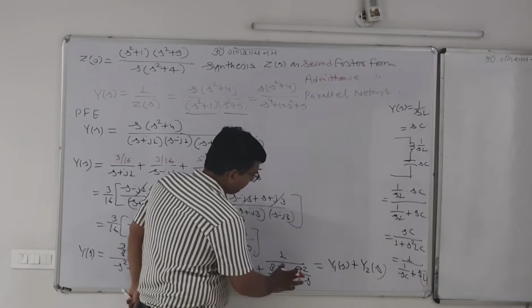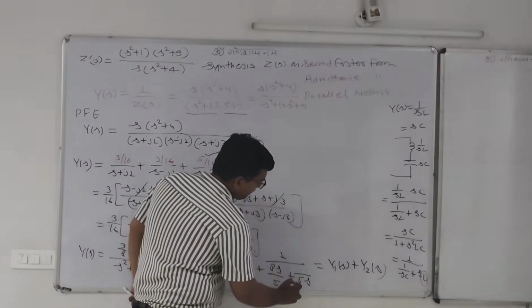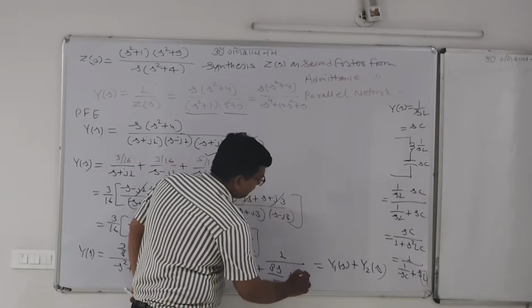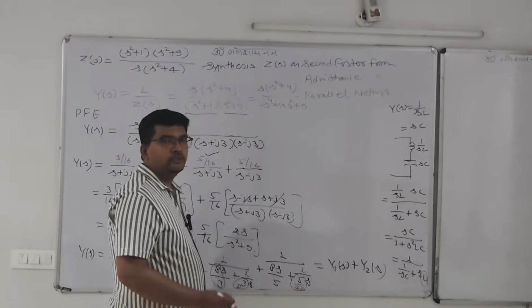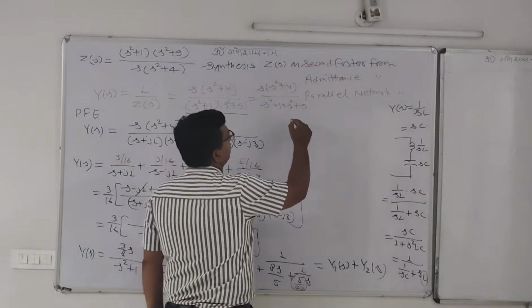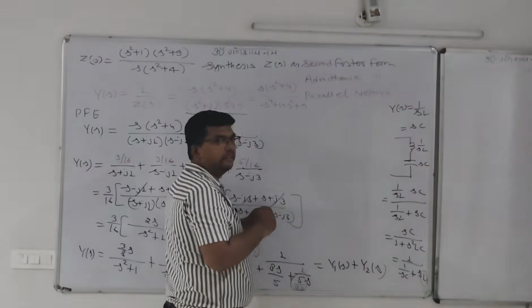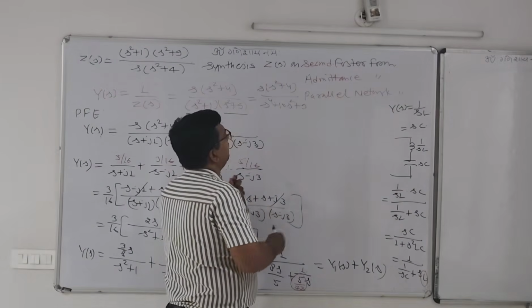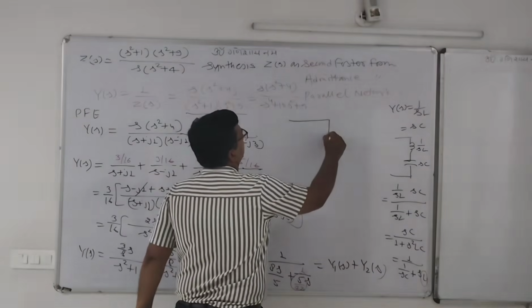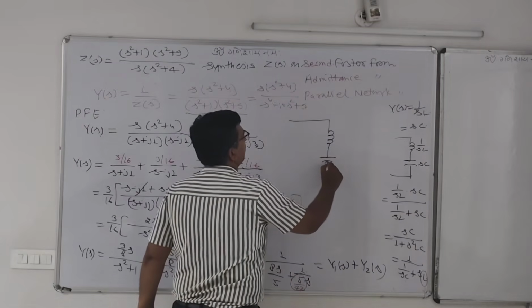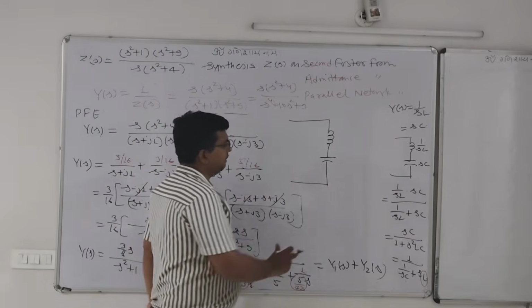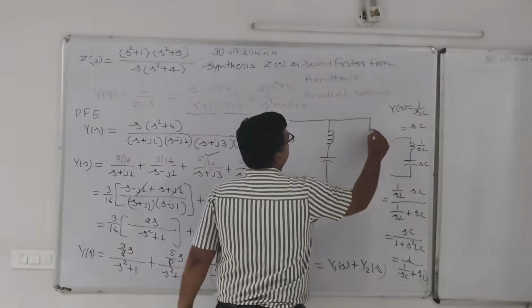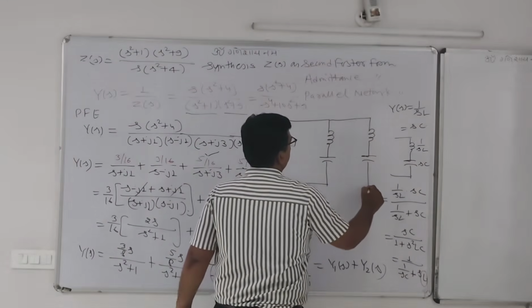And similarly, this 72 by 5s I will write in this manner, 5 upon 72, so this 5 upon 72 is the capacitor. So finally, what will the network be? The network looks like this. It is one L and one C. This is for Y1(s), and another is Y2(s), which is another inductor and capacitor.